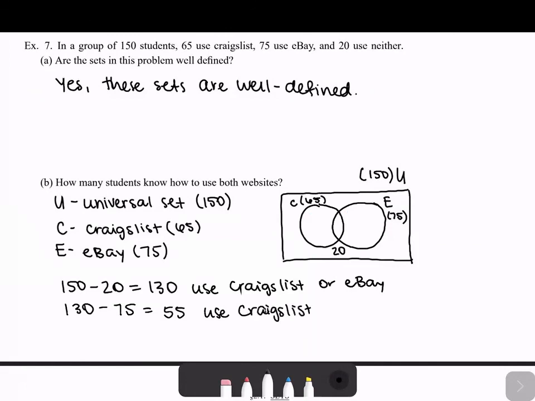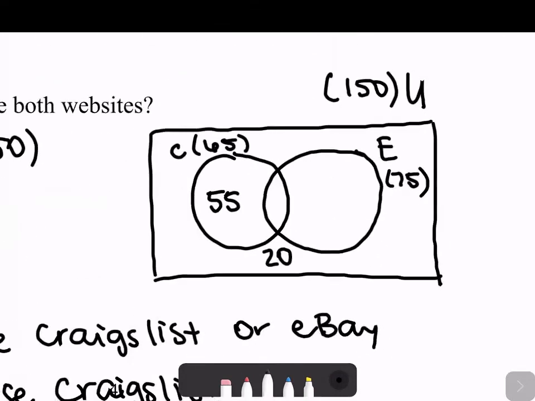So that means that those 55 students are right here. And because we know that Craigslist has to total to be 65, that means that right in here, we have to have 10 students.